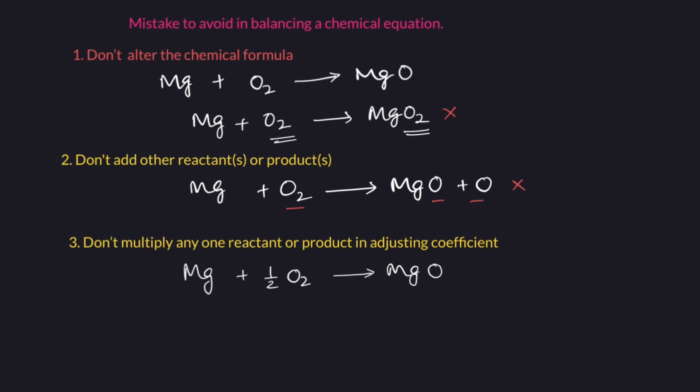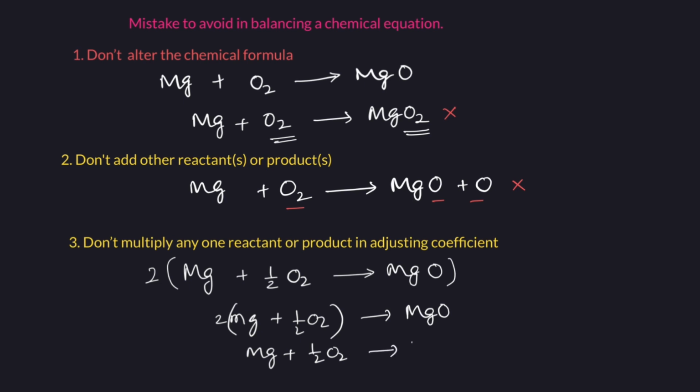Therefore, we have to multiply the whole equation with any number, but don't multiply an individual reactant or product. For example, somebody will multiply like this, Mg plus half O2, only reactants are multiplied and the product is not multiplied, this is wrong. Otherwise, somebody will multiply like this, Mg plus half O2 gives rise to, only products are multiplied, that is wrong.